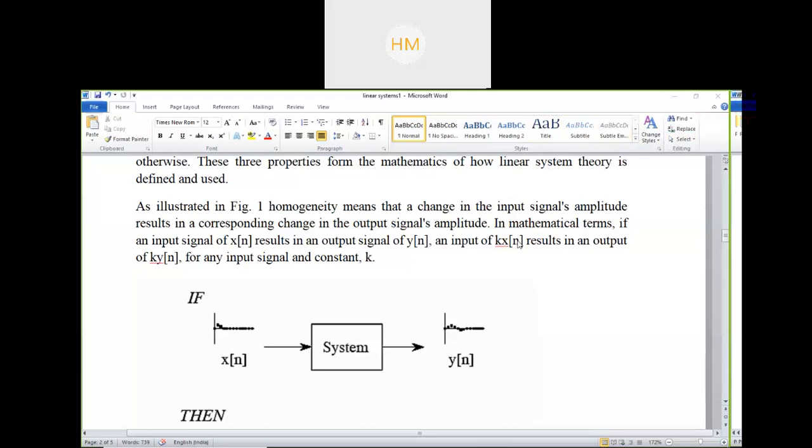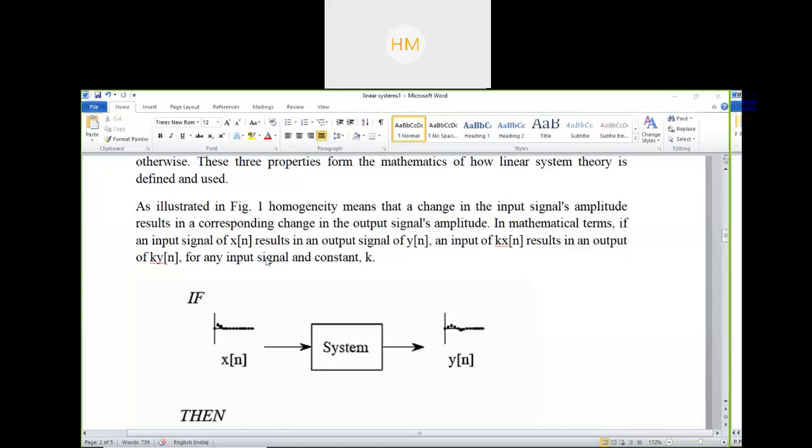So, what do we mean by homogeneity? A change in the input signal's amplitude results in a corresponding change in the output signal amplitude. If there is any change in the input signal's amplitude, the output signal amplitude should change. That is homogeneity.